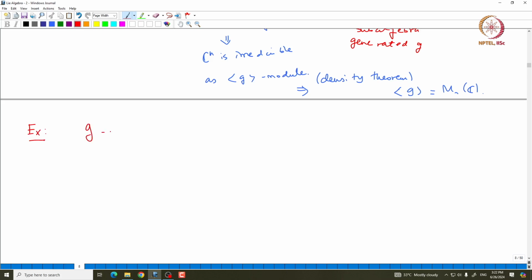Okay. So, now we will actually give one simple characterization for modules being irreducible. Okay. Let us say G is a Lie algebra and V is an irreducible G module.